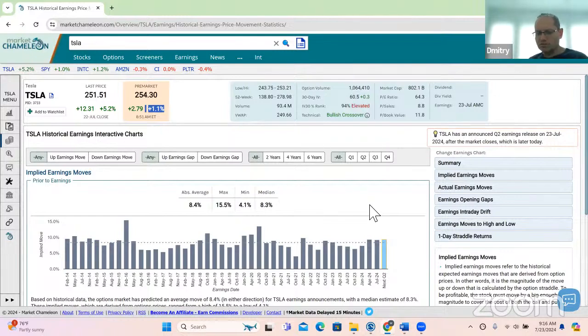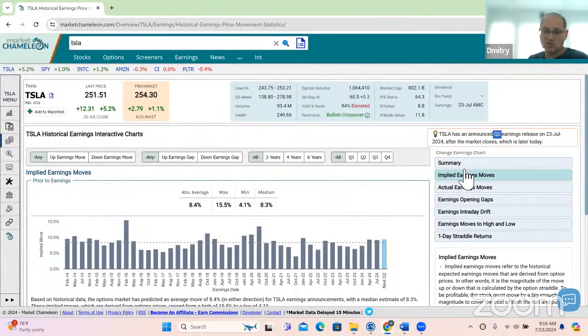So what if we wanted to narrow down this data and see what it looks like based on the quarter? This is showing us all the earnings, but Tesla is coming out with Q2, second quarter earnings. Well, maybe second quarter earnings looks different than the average of everything.